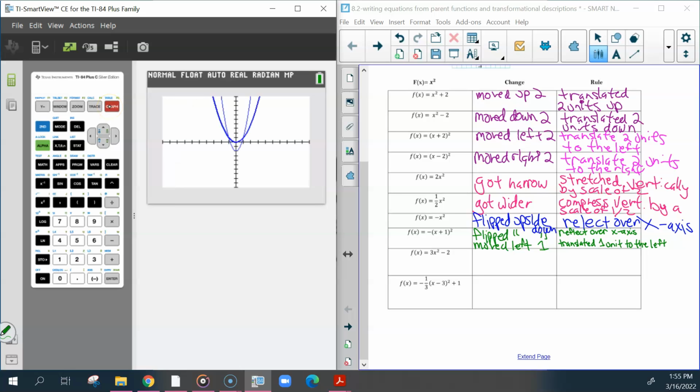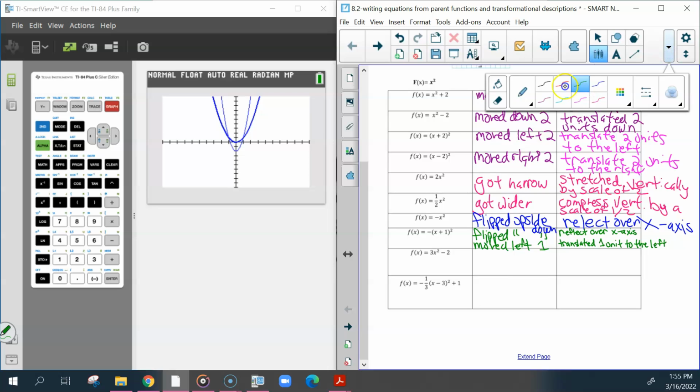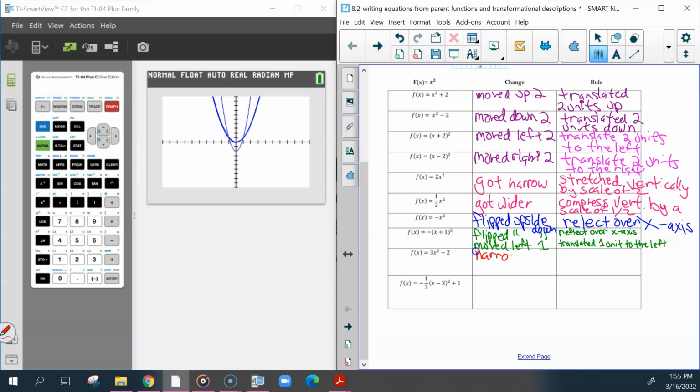From my parent function, it's gotten narrower, and it looks like it was moved down 2. So, narrow and down 2.